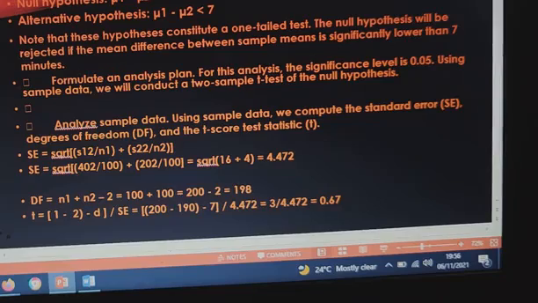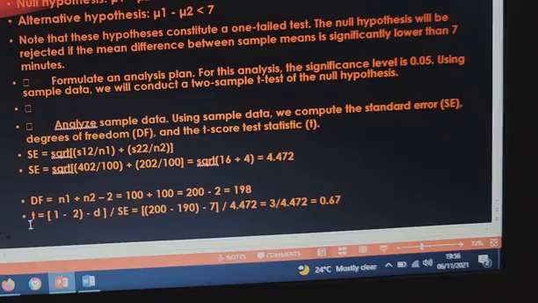SE equals SQRT of S1 squared over N1 plus S2 squared over N2. SE equals SQRT of 40 squared over 100 plus 20 squared over 100, equals SQRT of 16 plus 4, equals 4.472. DF equals N1 plus N2 minus 2, equals 100 plus 100 minus 2, equals 198.